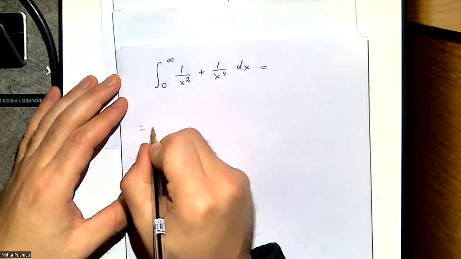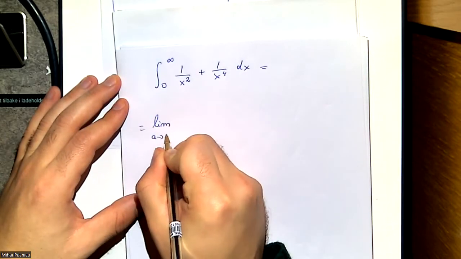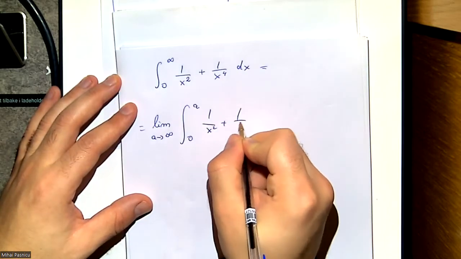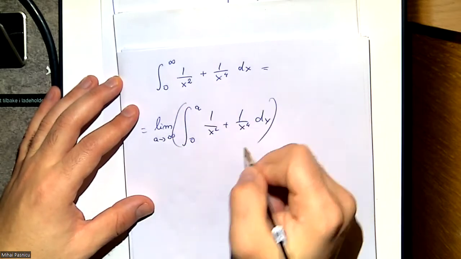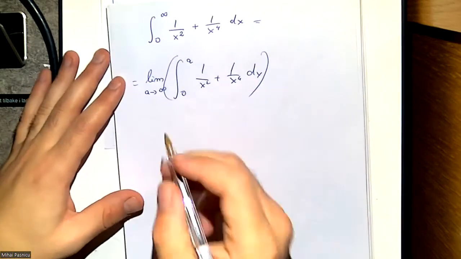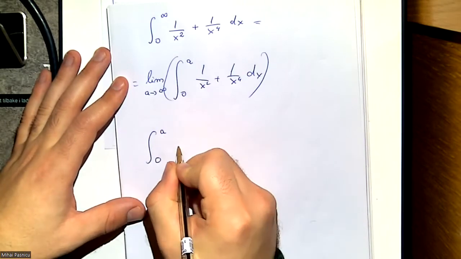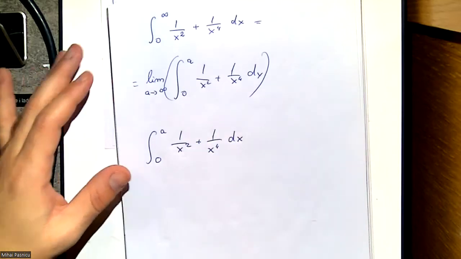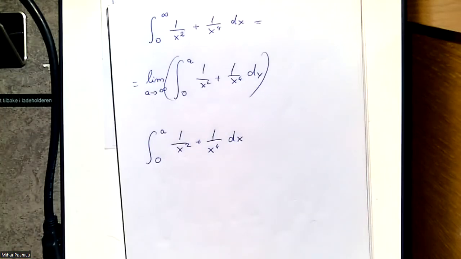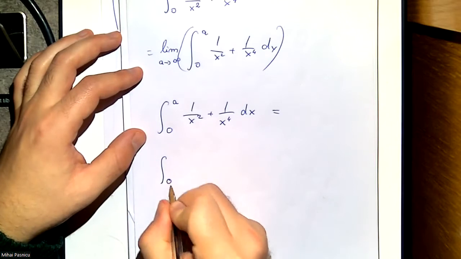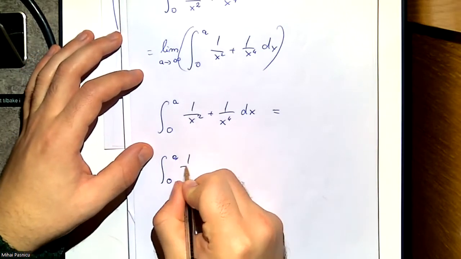Now, as I said, we write the limit when a goes to infinity of the integral from 0 to a of (1/x^2 + 1/x^4) dx. And now you can just proceed to solve the integral as if the limit wasn't even there. So I'm actually going to take it out. I don't really care about this. I'm solving it from 0 to a, and then we proceed how we learned. This is a separable one because I didn't want to waste that much time doing a complicated one.